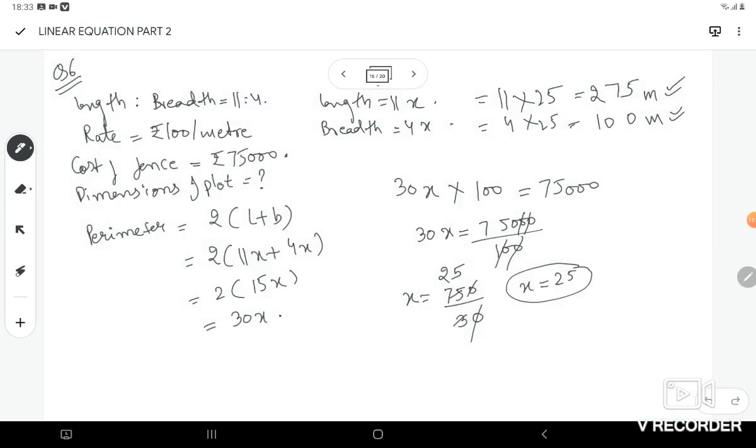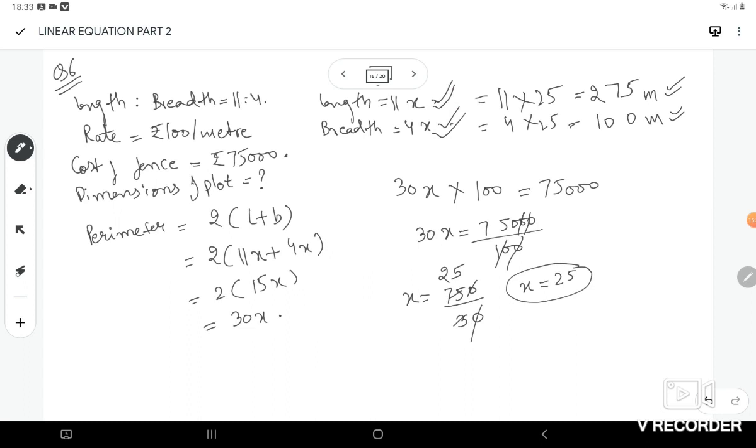Now the next question says, there is a rectangular plot reserved for a school in Mahuli village. The length and the breadth of the plot are in the ratio of 11:4. So the length is equal to 11x, so breadth would be equal to 4x.